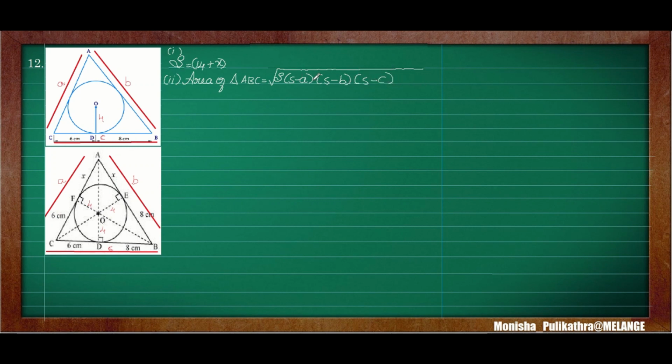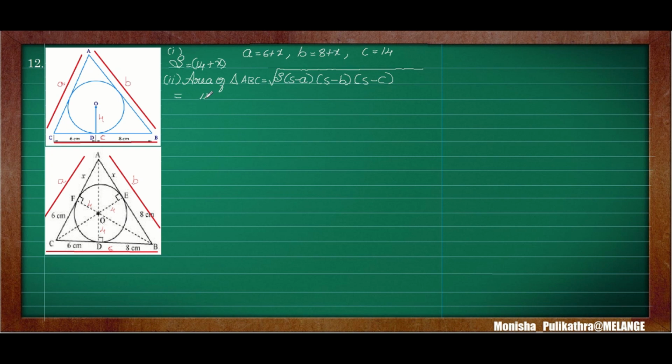Here s is the semi-perimeter, and a will be 6 plus x, b is 8 plus x and c is 14. This is the value. So we need to substitute it now.